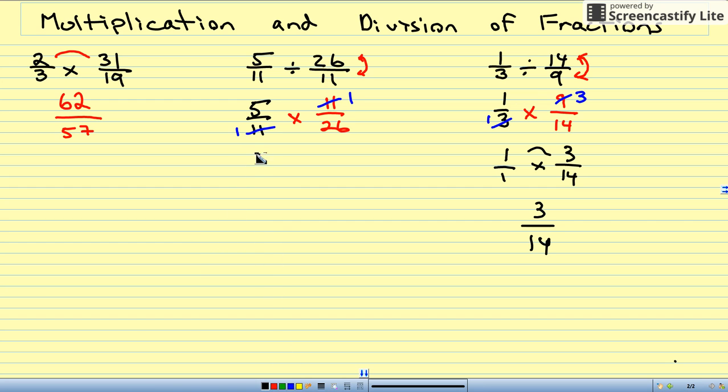And now I've got a new fraction, 5 over 1 times 1 over 26. I'm going to take and just multiply them across. 5 times 1 is 5.